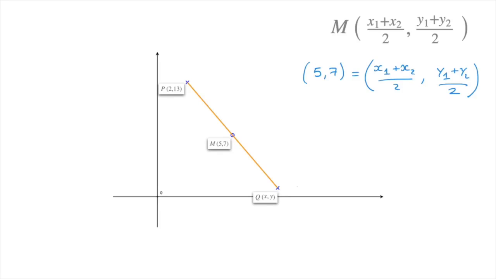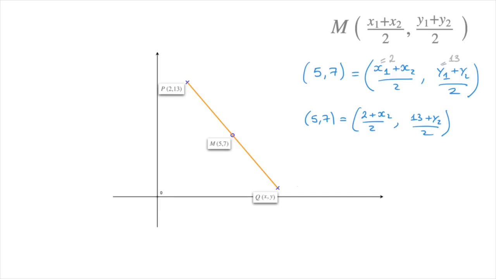It doesn't matter which of the two you choose. We'll replace the values of x1, y1 though. In other words, x1 equals 2, that's the x-coordinate of point P, and y1 equals 13, the y-coordinate of point P. So at this stage, we can state that (5, 7) has to equal ((2 + x2)/2, (13 + y2)/2).